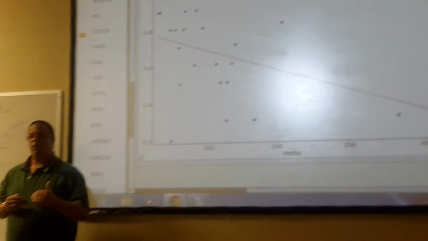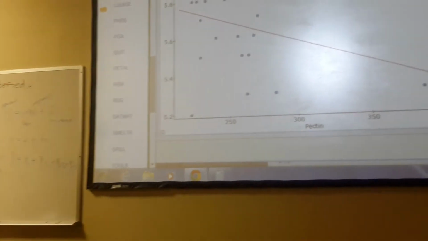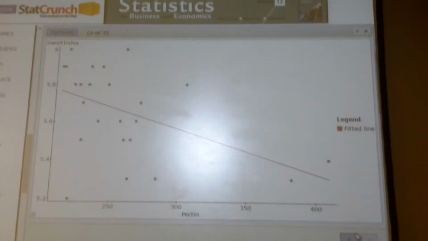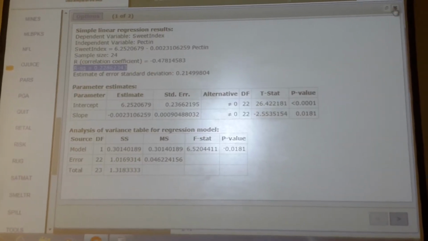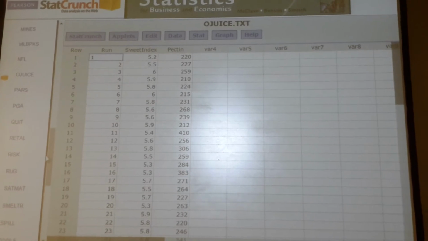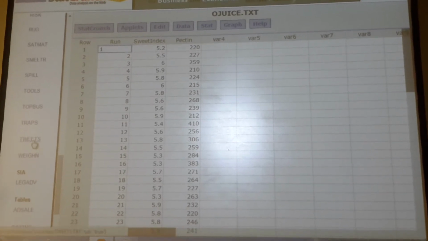I want to show you one more example here on the screen that will give us a higher level for our R-squared value, and that is to use the tweets problem here.